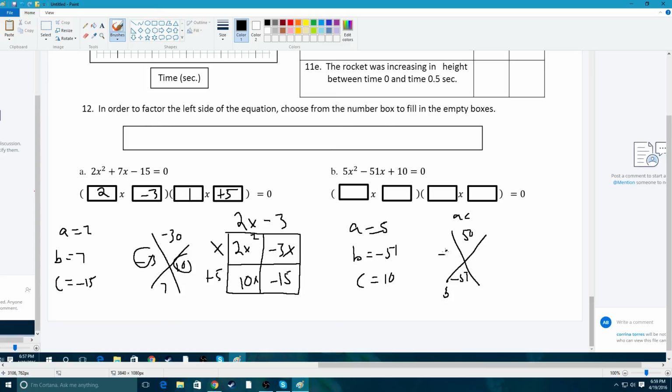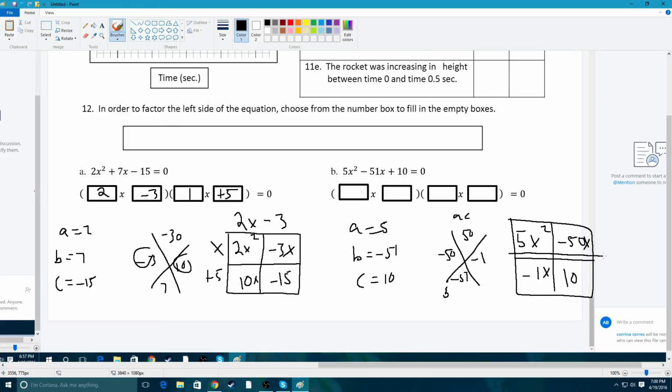So that is a negative 50 and a negative 1 for our spots. Box this baby out. First term is going to be 5x². Last term is 10. And in the middle, we got -50x and -1x. Both x's, because it comes from the x factor.